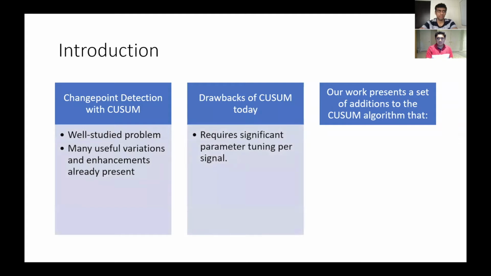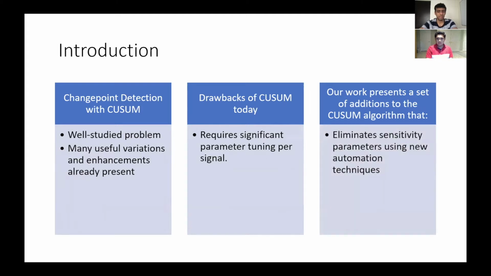However, CUSUM algorithms require the user to specify one or more parameters specific to different signals. This paper presents a set of additions to the CUSUM algorithm that eliminates sensitivity parameters using several new automation techniques, allows easy extensibility to generic non-mean changepoint detection, and makes it more adaptive while maintaining causality at all times.